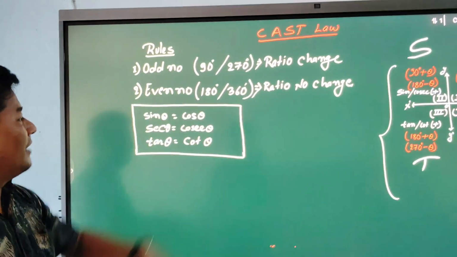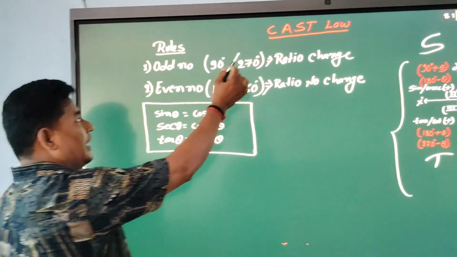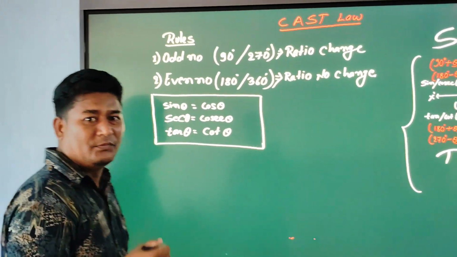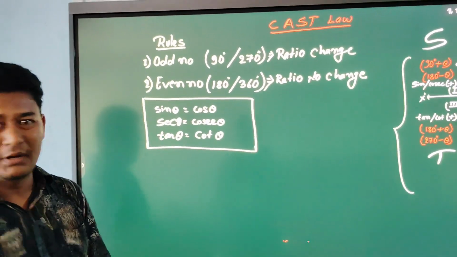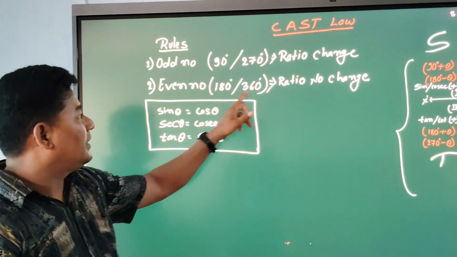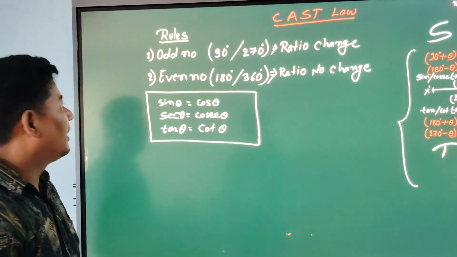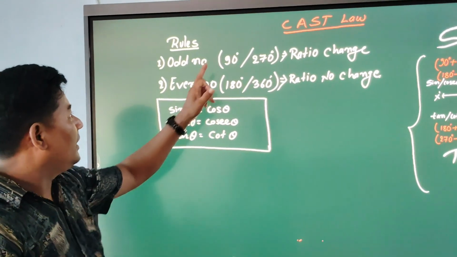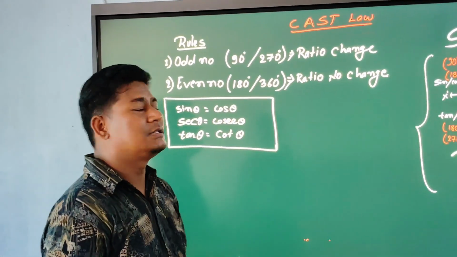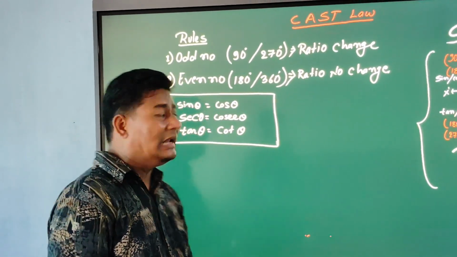Odd and even: I have categorized 90 degree and 270 degree as odd numbers, and 180 degree and 360 degree as even numbers.